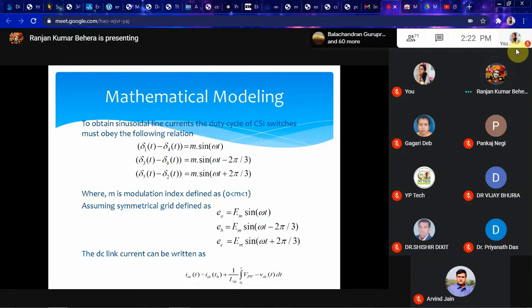Linear range means input-output mapping, y is mx is your linear range. Otherwise y is mx plus f of x, something like that. So it will become a kind of saturated or non-linear system. So the symmetrical grid voltage also you will get.